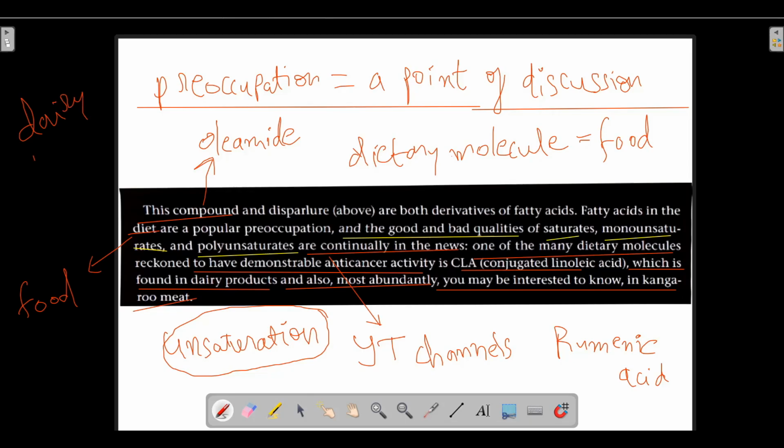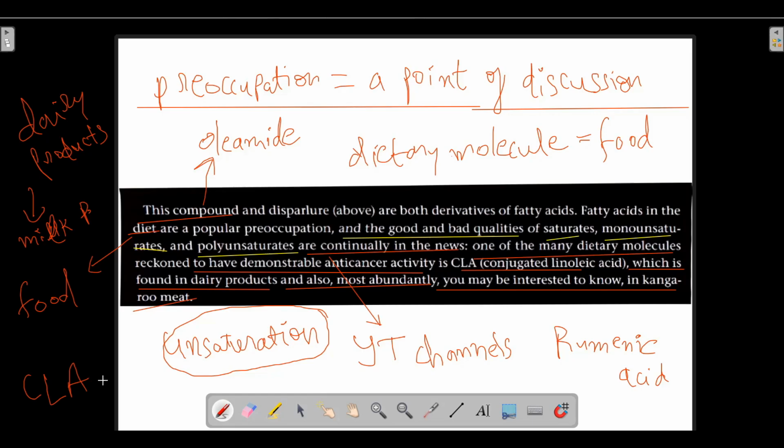Dairy products means milk products. Milk and milk products are called dairy products. So in dairy products, CLA is found.